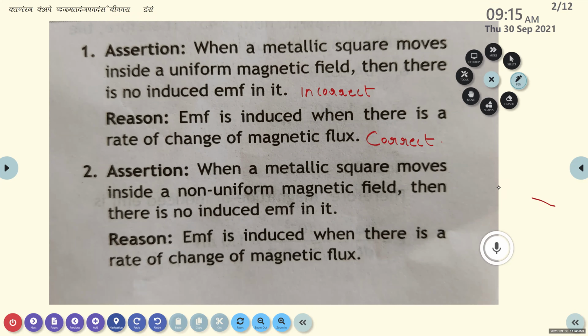Correct. When a metallic square moves inside a non-uniform magnetic field, then there is no induced EMF in it. It is correct, because here the metallic square moves not in a uniform magnetic field, but in a non-uniform magnetic field. Now the reason: EMF is induced when there is a rate of change of magnetic flux.